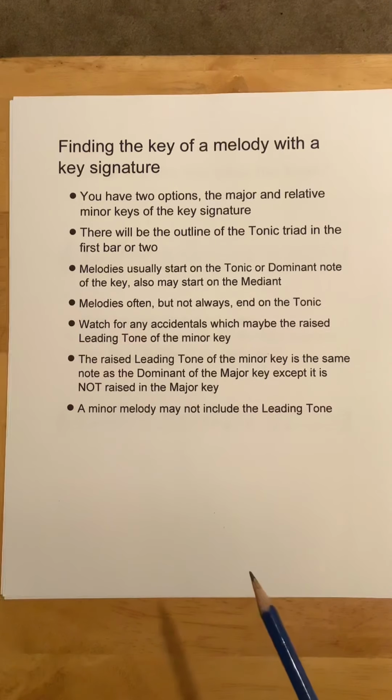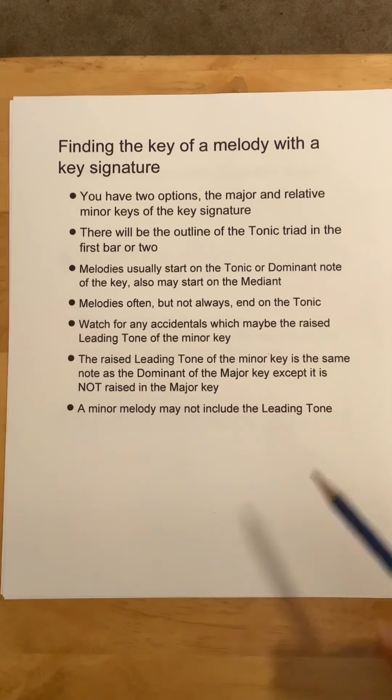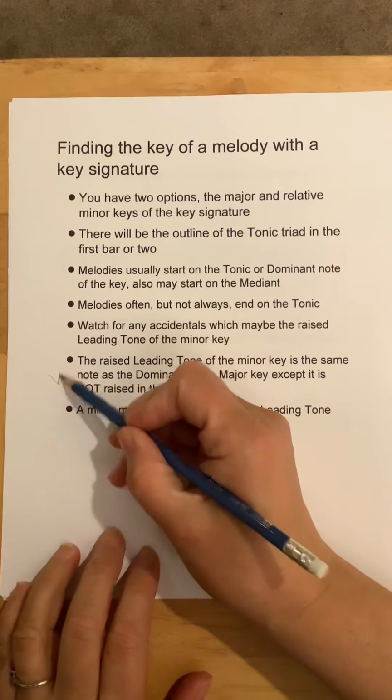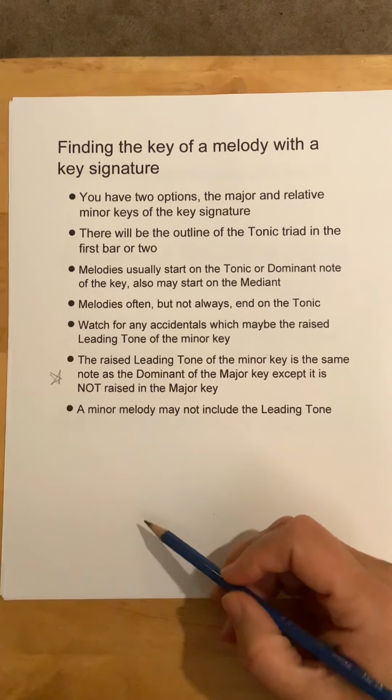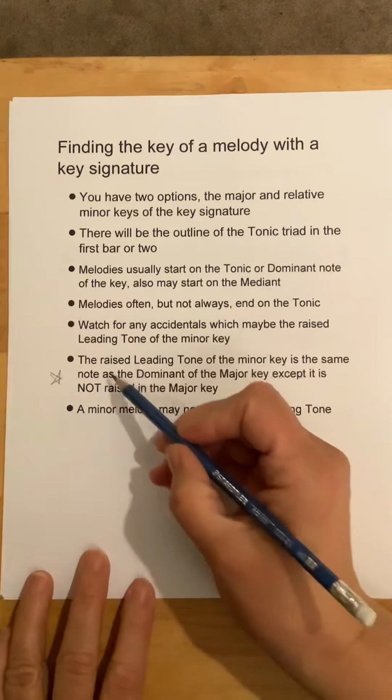Now, this is something interesting. The raised leading tone of the minor key is the same note as the dominant of its relative major key, except it's not raised in the major key. This is really important, because it will help you. Let's think about this for a minute. Here's a major key, C major.